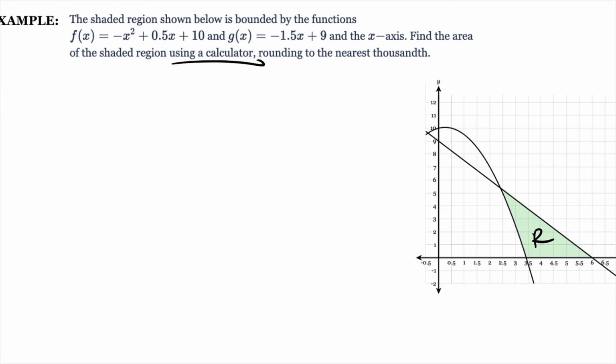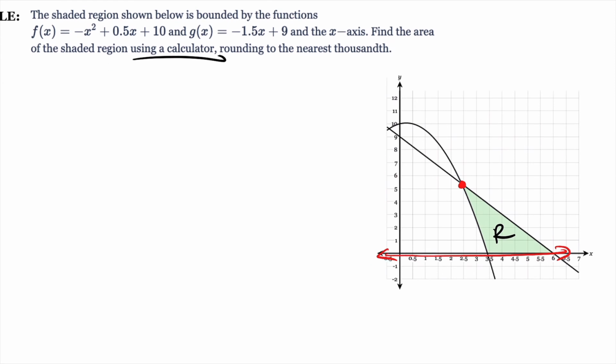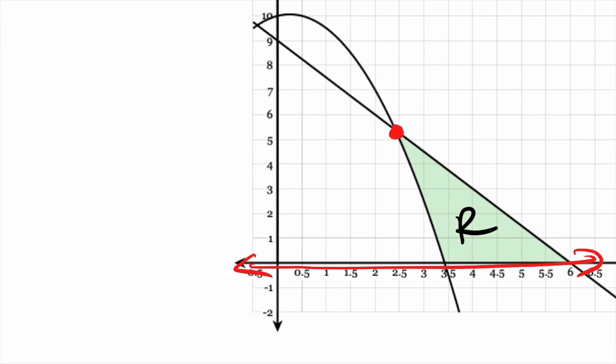If we're going to go top to bottom, and or left to right, I can see that being a good idea, because this would be the top bound, that would be the bottom bound. The right one would be the line, the left one would be the parabola. Boom, perfect, beautiful. But how would we do that? How would we write that?